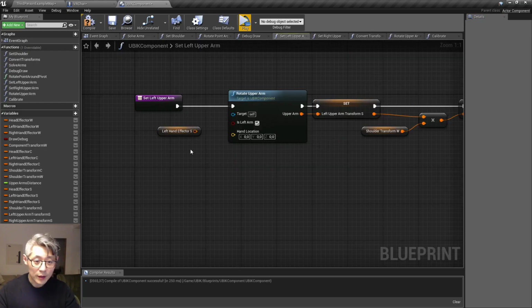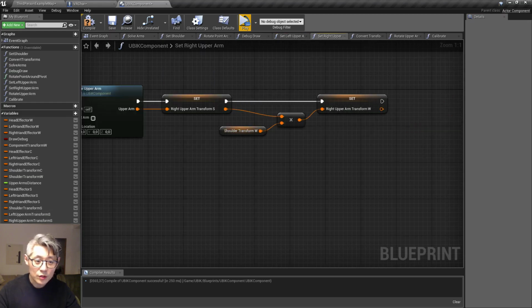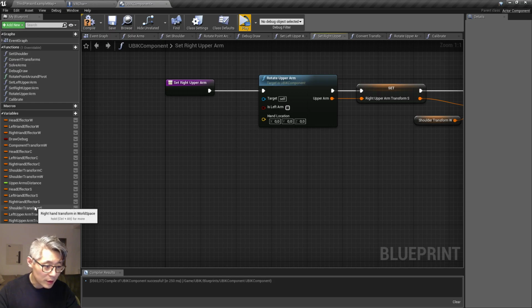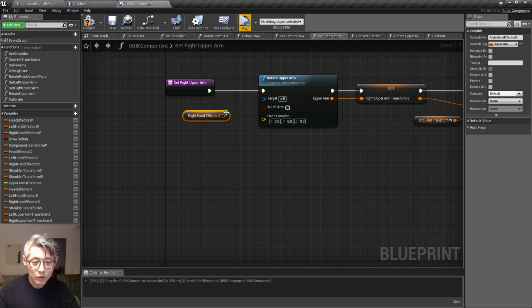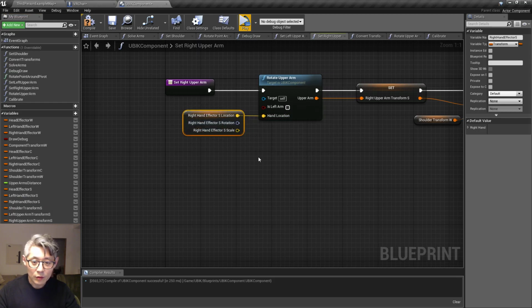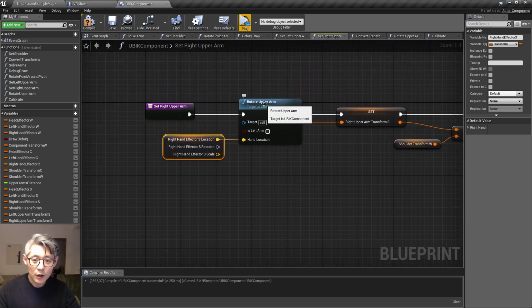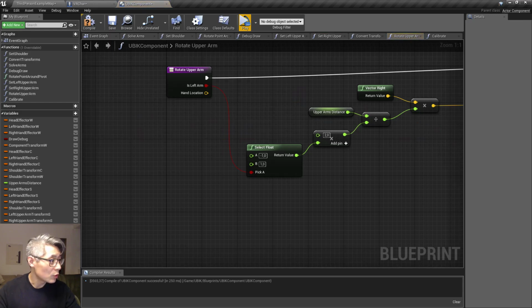Okay, so let's go back, and then we can split this one open and just feed in the location here. We do the same for the upper arm, and we take the right hand effector S for shoulder space. So with that, just going to check.